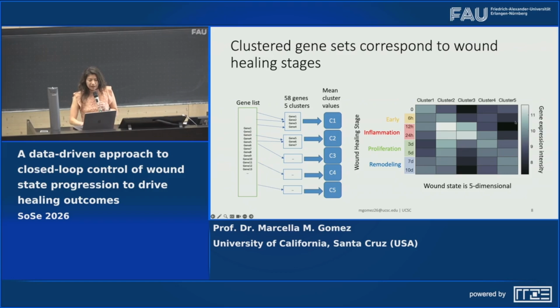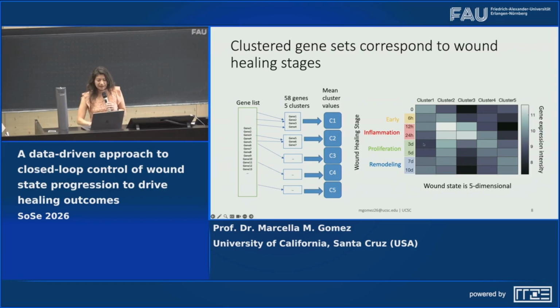But we can see that this one, for example, is most downregulated early, and this one in the proliferation. So this one is probably inflammation. This one probably represents proliferation. This one probably represents remodeling, right?